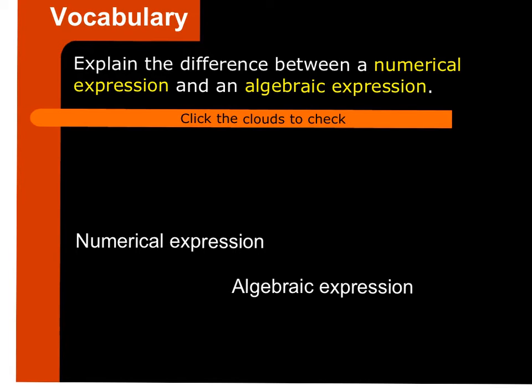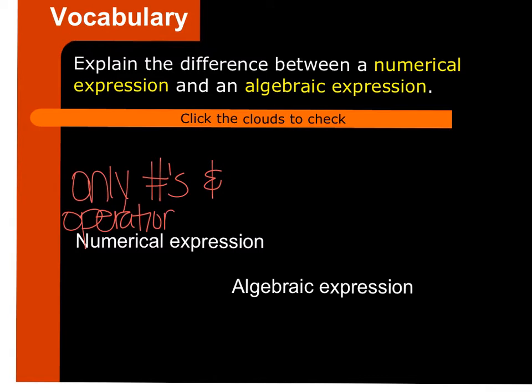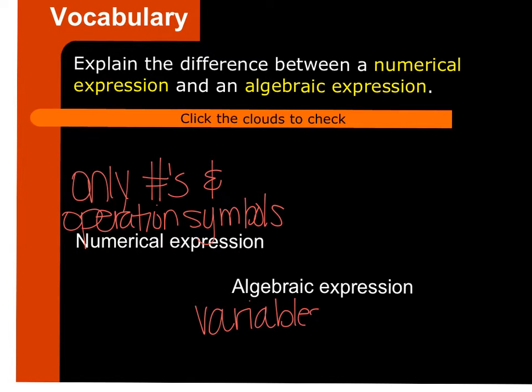A numerical expression has only numbers and operation symbols. Algebraic expressions, the difference is they have variables, numbers, and operation symbols.